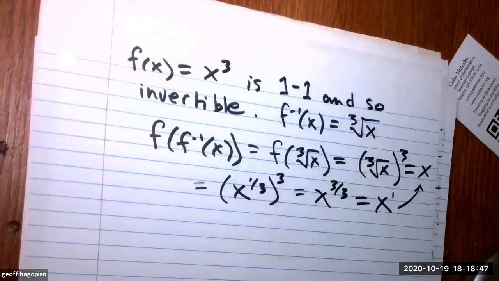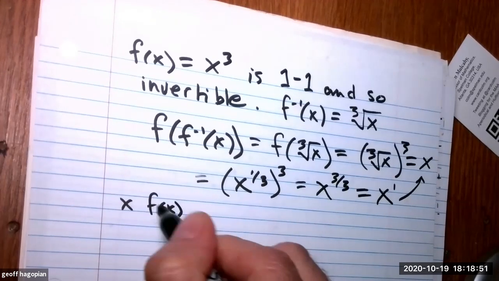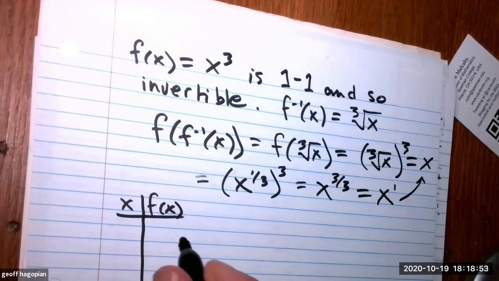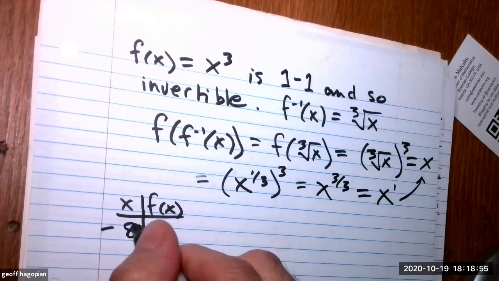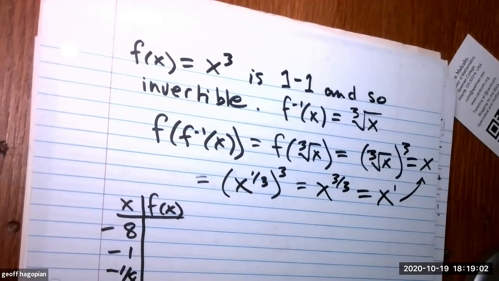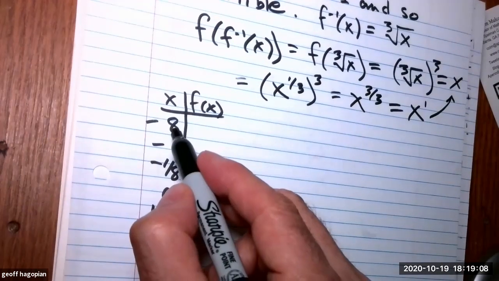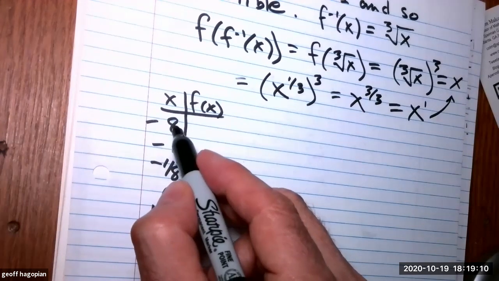What does a table of values look like? Well, we can go -8, -1, -1/8, 0, 1/8, 1. Oh, sorry. So what's the cube root? What's the number whose cube is -8?